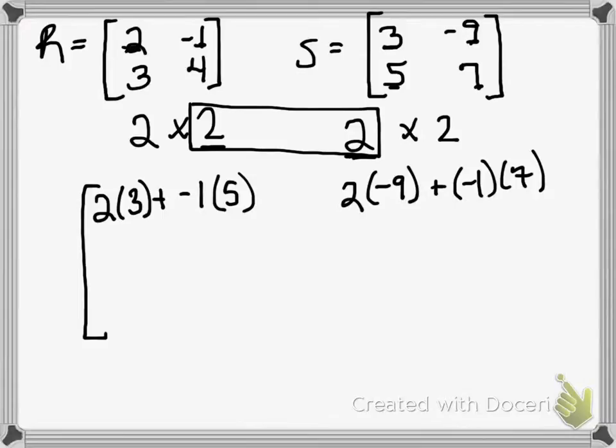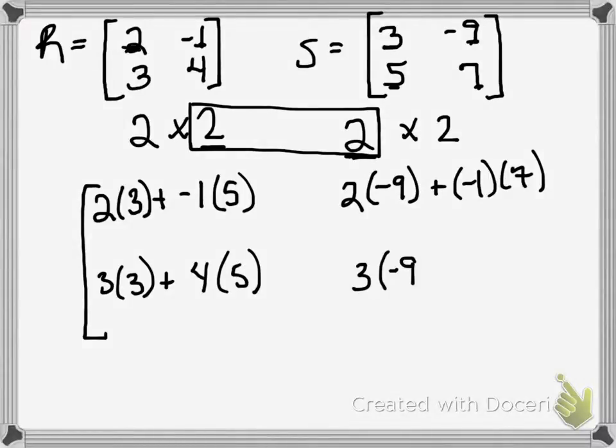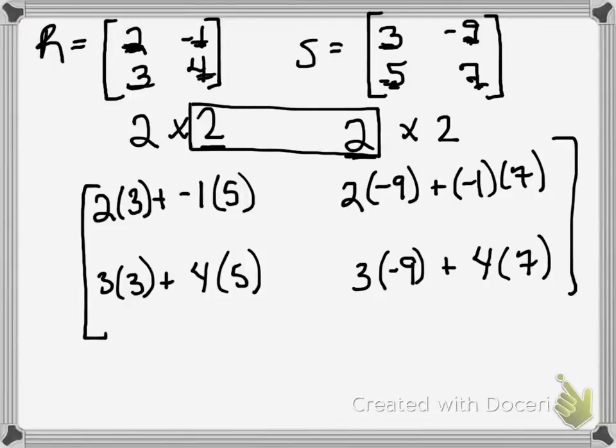Then in the next row, I'm going to do 3 times the 3 plus 4 times the 5. Then I'm going to have 3 times the -9 plus 4 times the 7. I took the first row and multiplied it by the first column, then the first row by the second column, then the second row by the first column, then the second row by the second column.